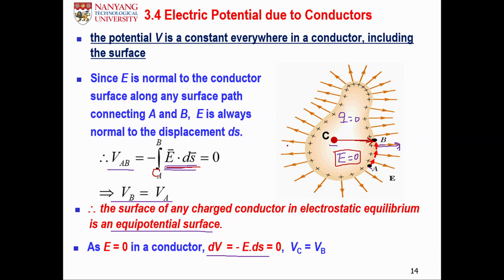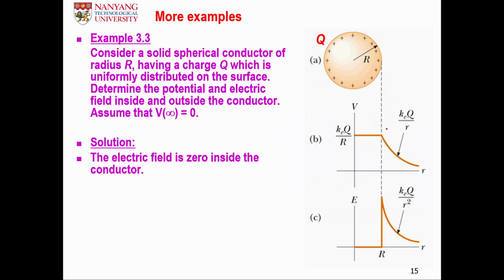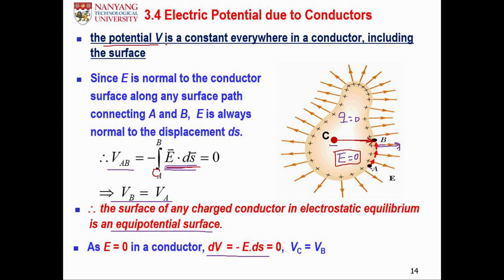Right? Means for the entire conductor, any 2 points, inside or on the surface, the potential is the same. So the potential V is constant everywhere in the conductor. This is another very important understanding. I would say it should immediately come into your mind when you try to solve certain questions.